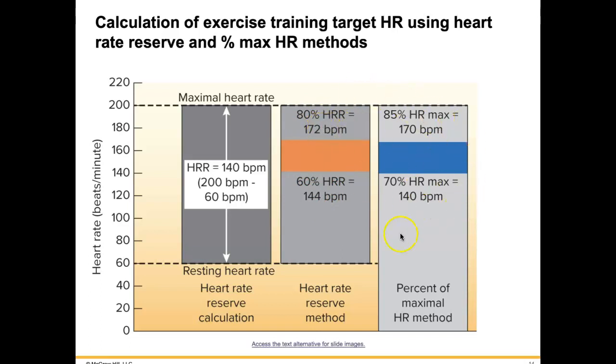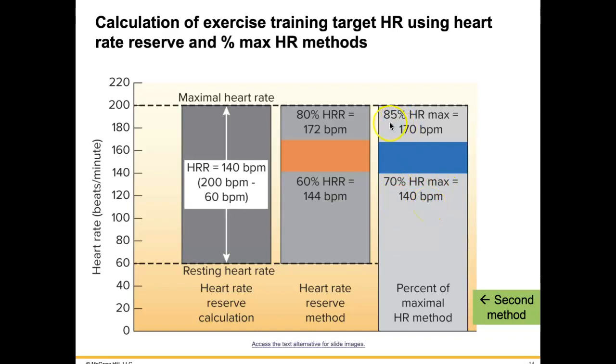And then lastly, here on the right-hand side, we could see our second method, our second indirect method, I should say, which is the percent of maximal heart rate method. So in this method, we take 70% of their heart rate max. Basically, in order to calculate this, we would do 0.7 times 200, and we get 140 beats per minute.